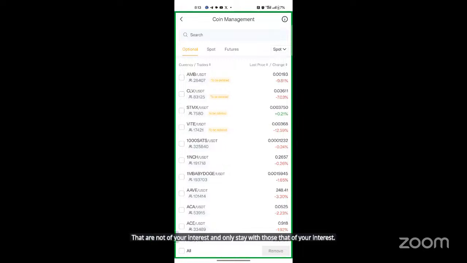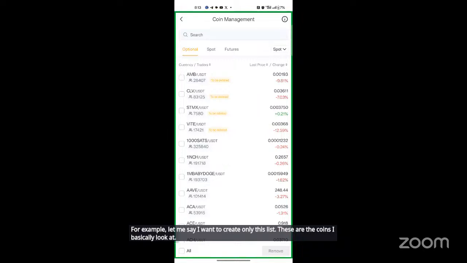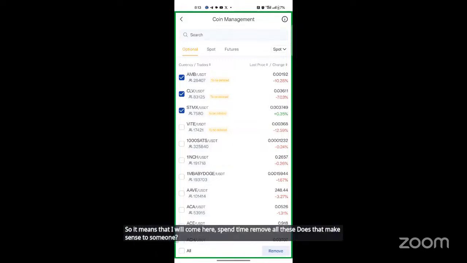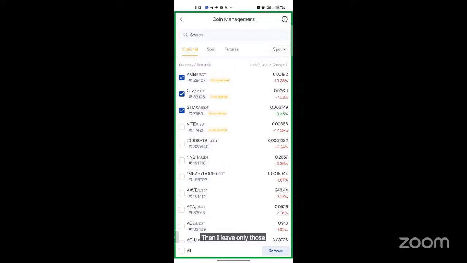For example, let me say I want to create only this list. These are the coins I basically look at. So it means that I will come here, spend time, remove all these. Does that make sense to someone? Then I leave only those that are of my interest. Am I speaking to somebody? I have many, and maybe me personally, I'm not interested in them. So I can come spend time here and remove them.